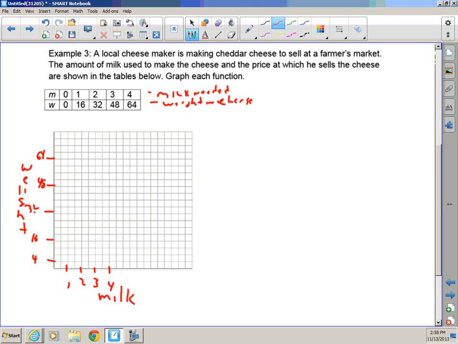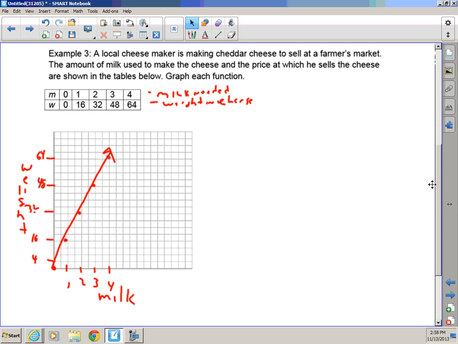So I'm going to graph these points. And I'm going to connect the dots for this because I don't need to just have whole amounts of milk. I can have partial amounts of milk and partial weights of cheese.